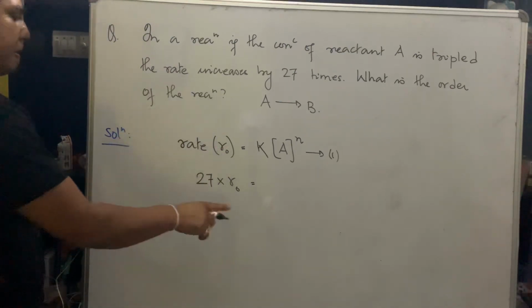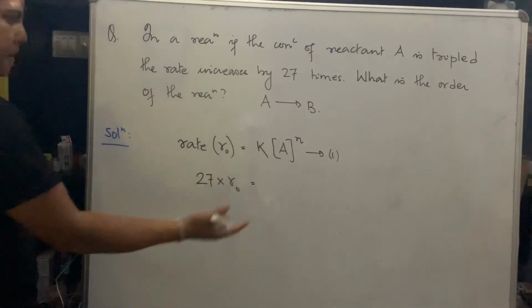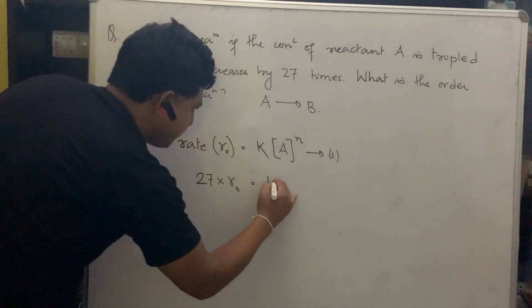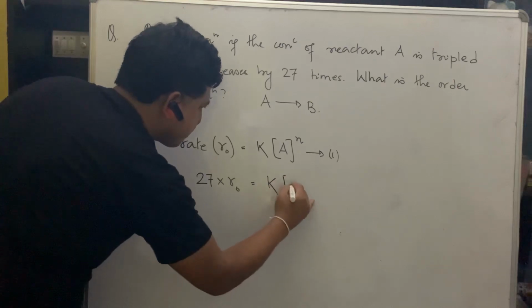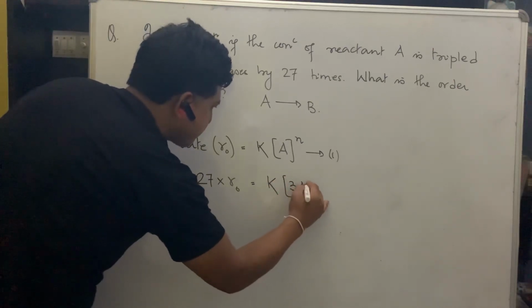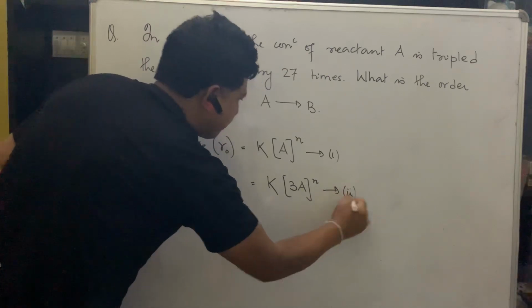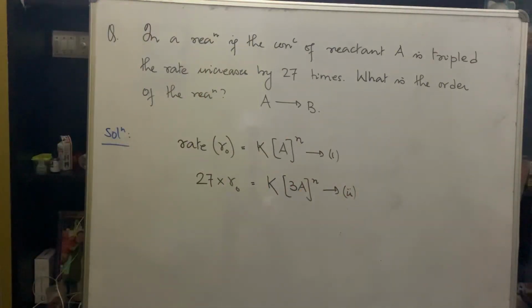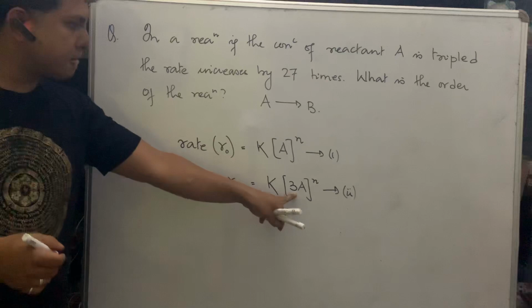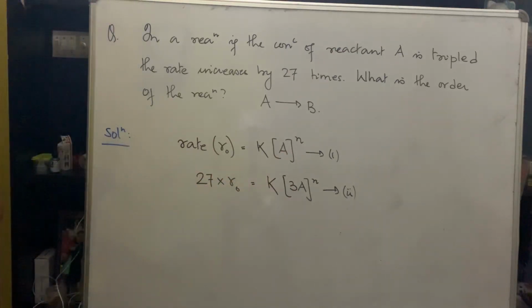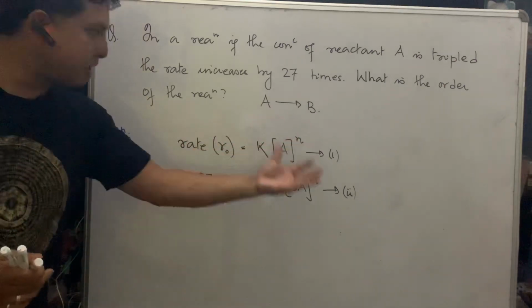So when the concentration of reactant becomes 3 times the initial value, the rate increases by 27 times. So I have equation 1 and equation 2.